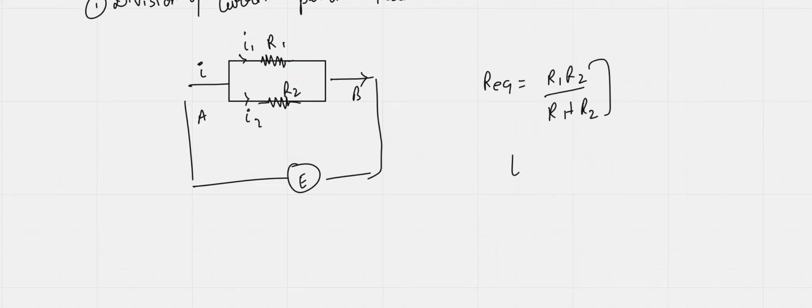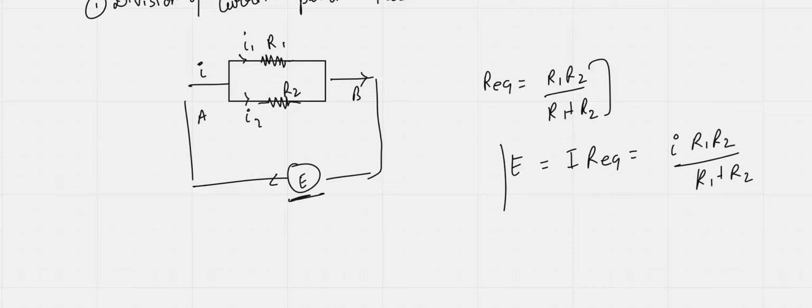Can I say that the total E is nothing but the total current supplied by the battery, this EMF, multiplied by the total R equivalent across the circuit?